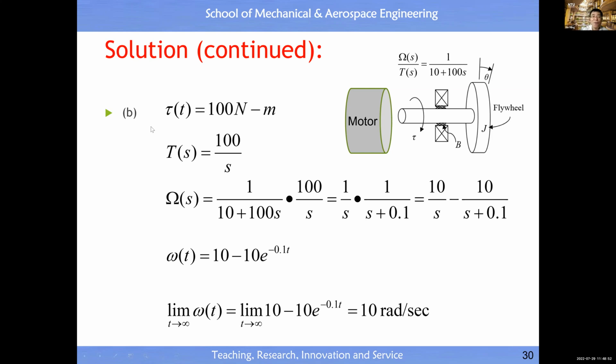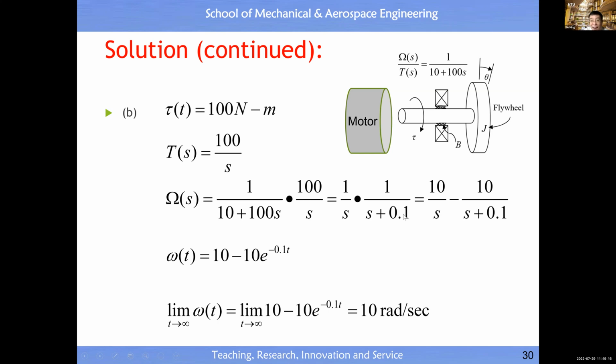Then in frequency domain the equation is constant divided by S. Since we know the ratio between the Laplace transform of output and the Laplace transform of input, the Laplace transform of output is equal to the ratio times the Laplace transform of the input. This ratio is called the transfer function.